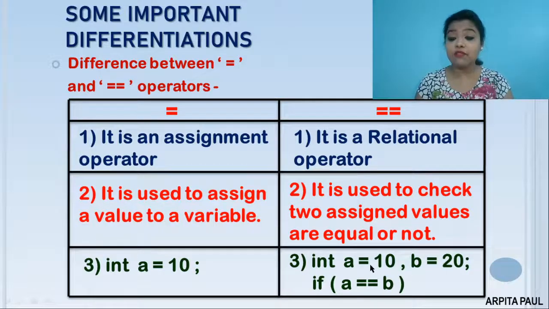Now we are checking if the value of a and the value of b are equal or not by writing if (a == b). So here the double equals to operator is comparing whether both the values are equal or not. So this is the basic difference between equals to and double equals to.